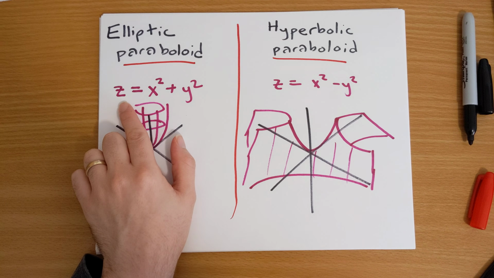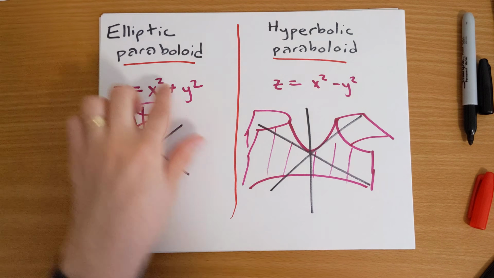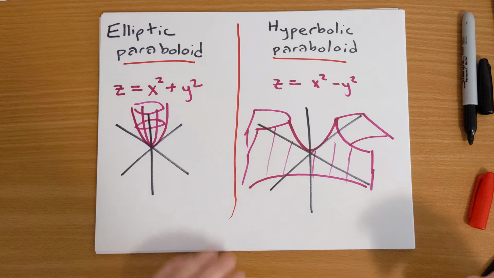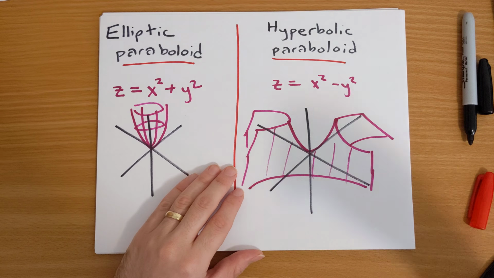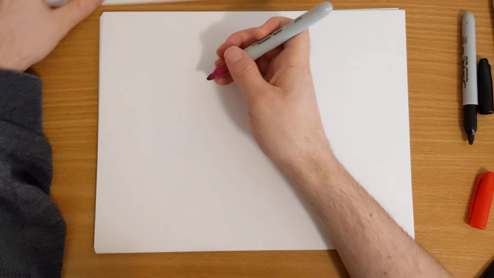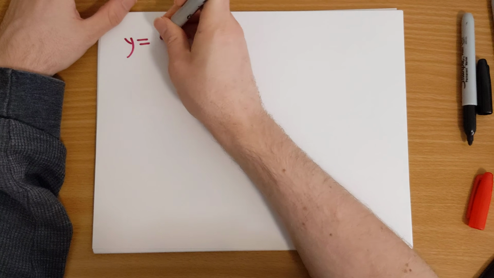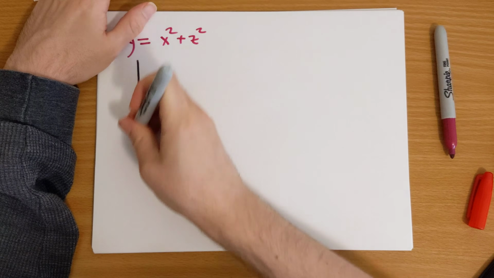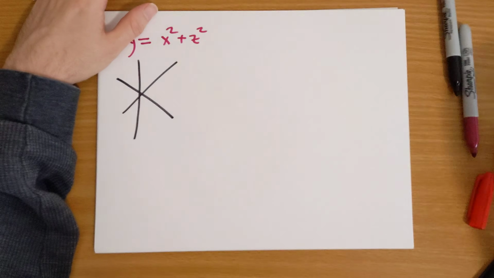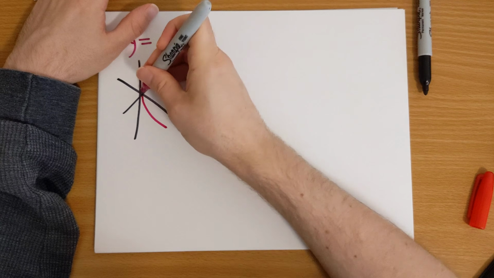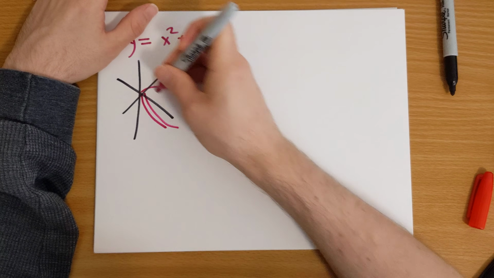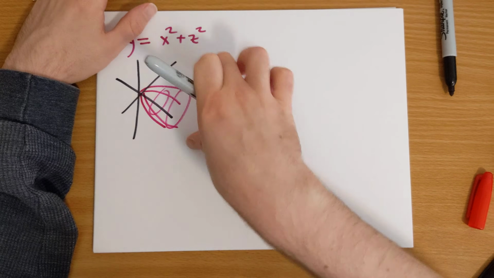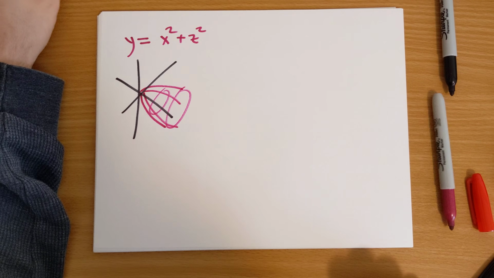And the fact that it's z is equal to x squared plus y squared tells us that we are opening up onto the z-axis. So if instead we had y is equal to x squared plus z squared, that would be this paraboloid going on right here. It's opening up onto the positive y-axis.